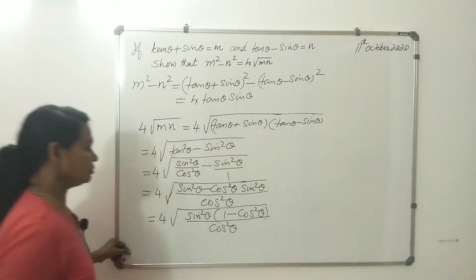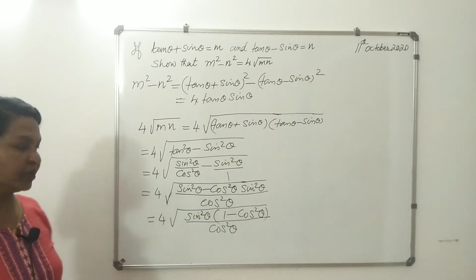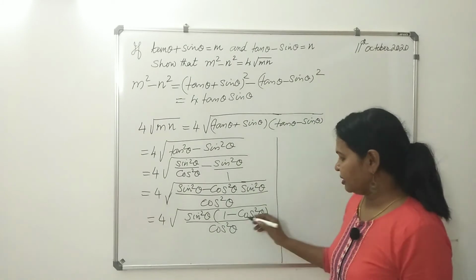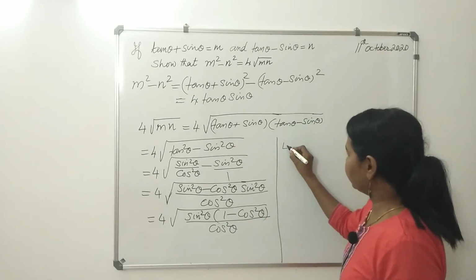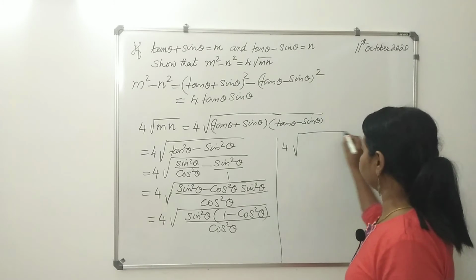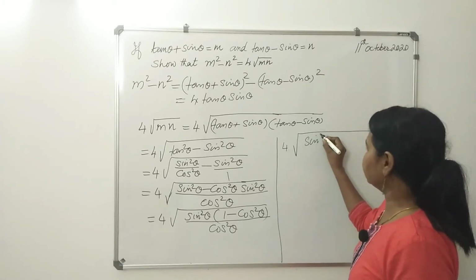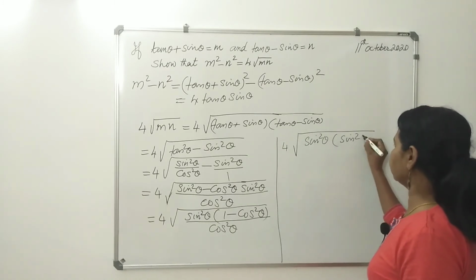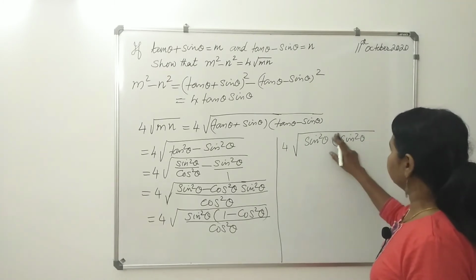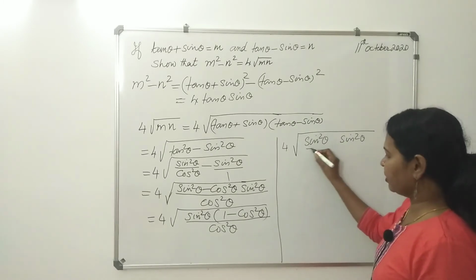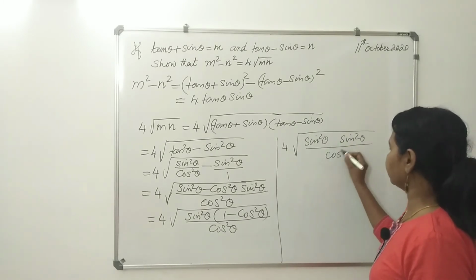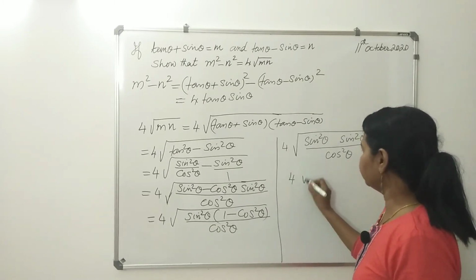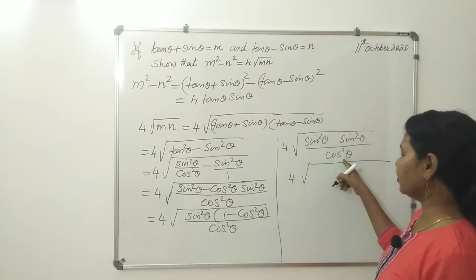Okay. What is 1 minus cos square theta? It is sin square theta. So we get 4 into root of sin square theta into this 1 minus cos square theta is sin square theta, divided by cos square theta. See, that is equal to 4 into, what is sin square theta by cos square theta?